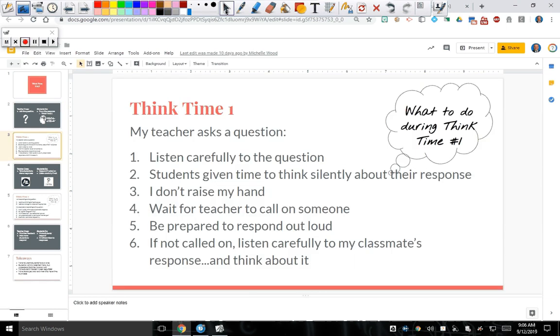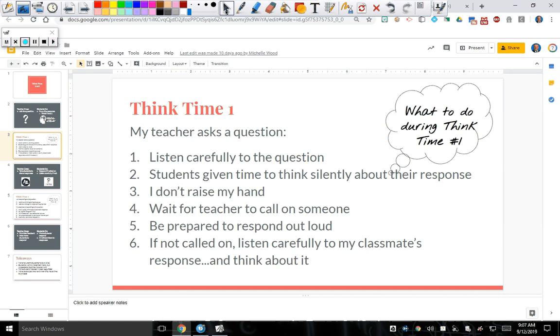During Think Time 1, you're going to listen carefully to the question that I have. You're going to take time to think about it silently. Don't raise your hand. There's no need to, because I'll call on you randomly. Then wait for the teacher to call on someone. Be prepared to respond out loud. And again, when you're responding, everyone is listening carefully. If not called on, listen carefully to your classmates' responses and think about them.